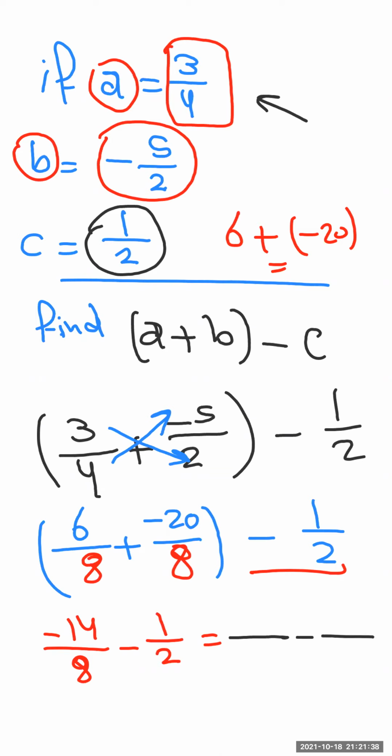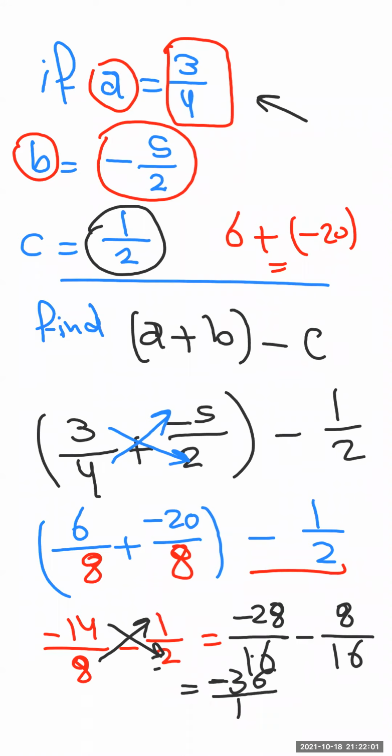Yes, we have to unify the denominator first. It will be 16 here and 16 here. Then negative 28 and here 8. So negative 28 minus 8 equals negative 36 over 16.